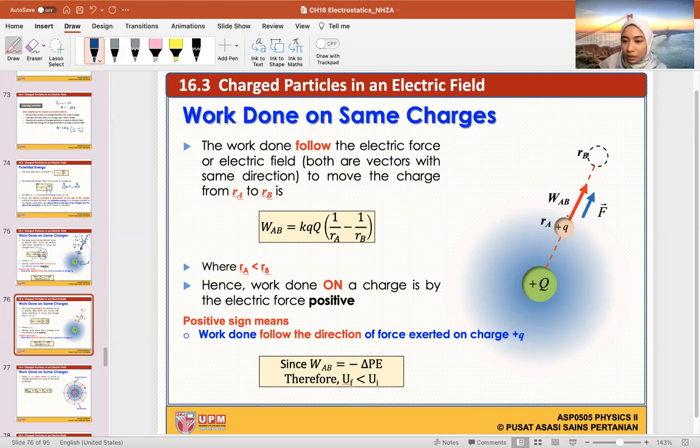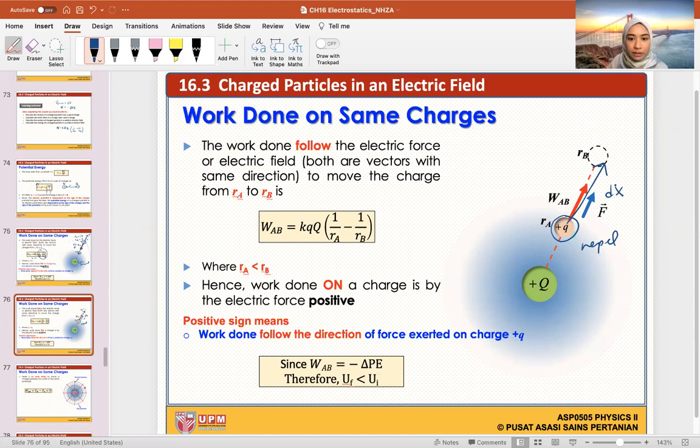Here, the charge is going from here to here. The natural tendency of this positive charge is to go away from the source charge, to repel. So my dx, my displacement, is away. My force is also away, which means that my work done should be positive.